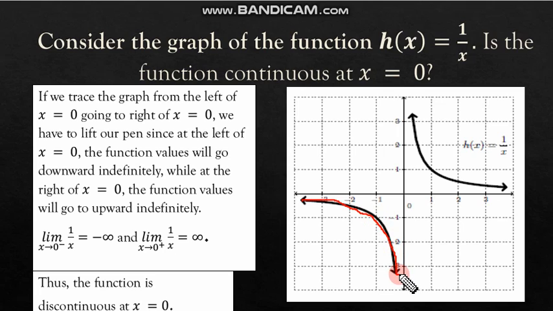Since at the left of x equals 0, the function goes to negative infinity, or downward indefinitely. While at the right side of x equals 0, we will start at positive infinity, or the function values will go upward indefinitely.